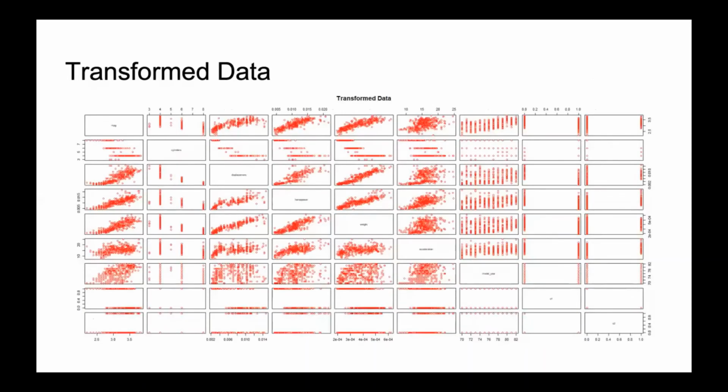The results of all transformations can be seen in this matrix of scatter plots, as we can see a lot of the nonlinear relationships have been corrected, as well as some of the variance issues we were having before we transformed the data.